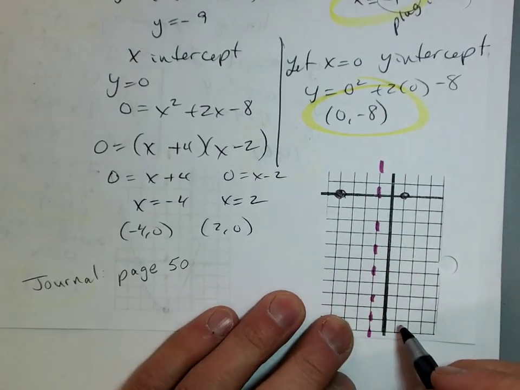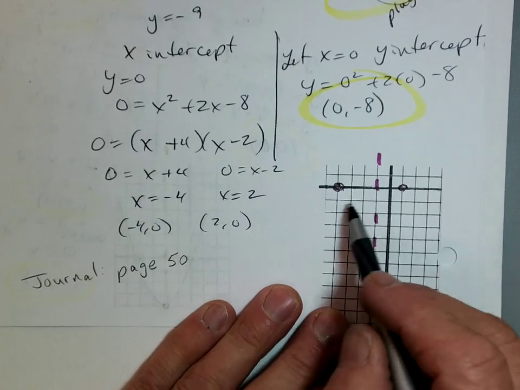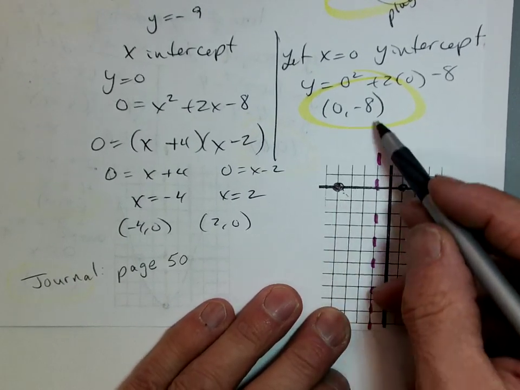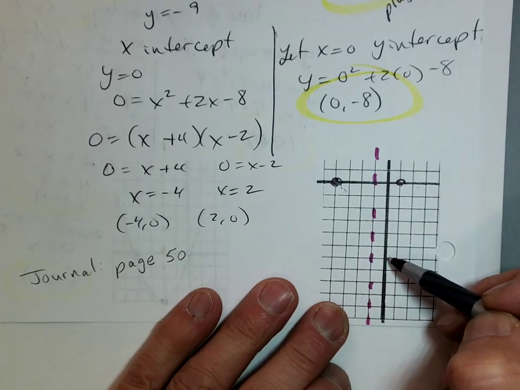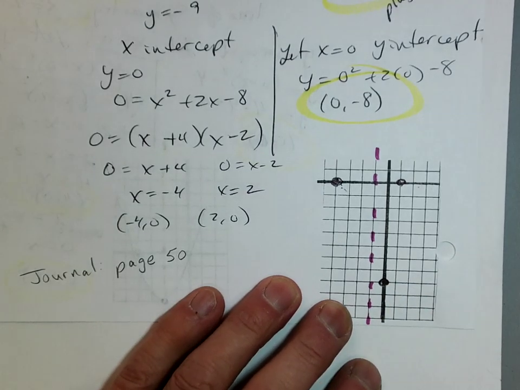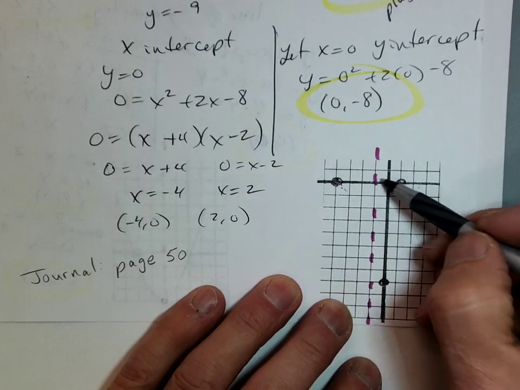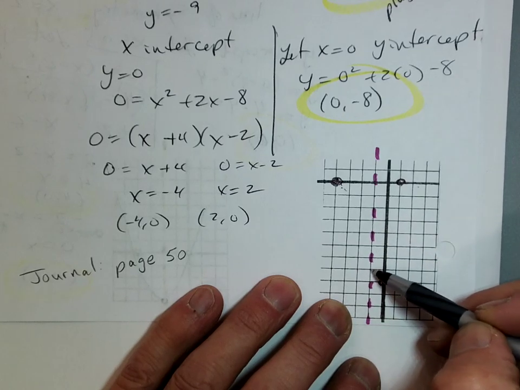I've got my x-intercepts. My y-intercept is at 1, 2, 3, 4, 5, 6, 7, 8. My vertex is at negative 1, then 1, 2, 3, 4, 5, 6, 7, 8, 9.